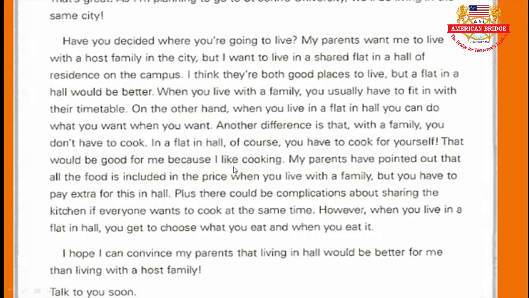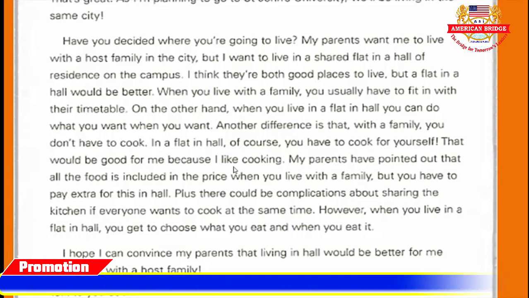In a flat in hall, of course, you have to cook for yourself. That would be great for me because I like cooking. My parents have pointed out that all the food is included in the price when you live with a family, but you have to pay extra for this in hall.